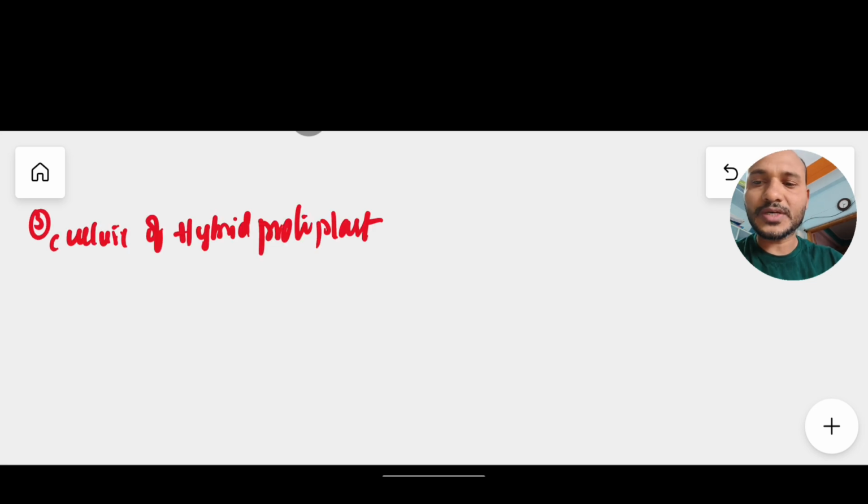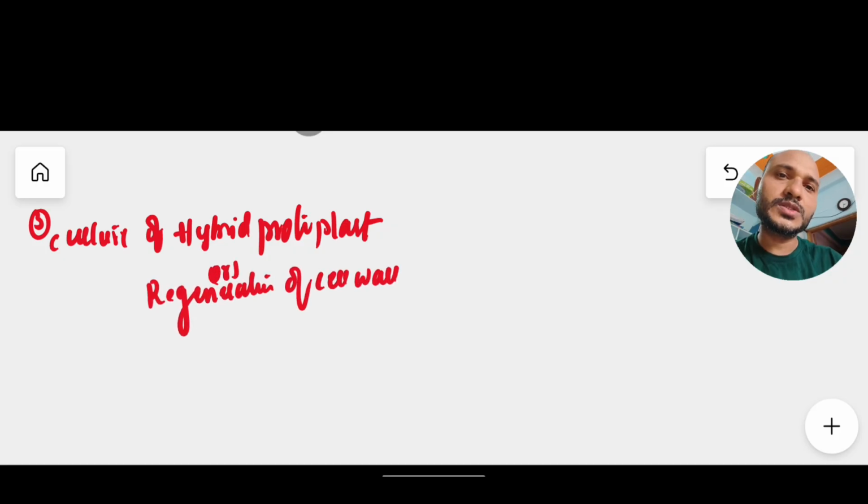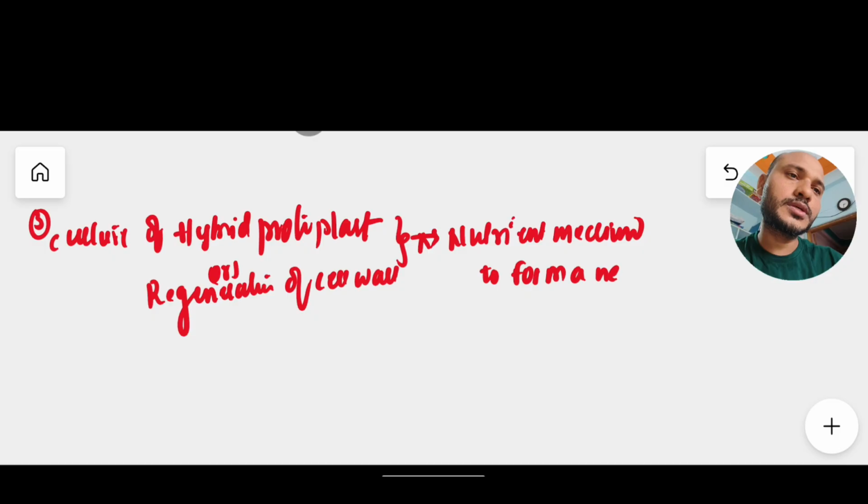This is the culture of hybrid protoplast, or regeneration of cell wall. The culture is made in a nutrient medium to form a new cell wall. This process is called regeneration of cell wall, or culture of the hybrid protoplast.